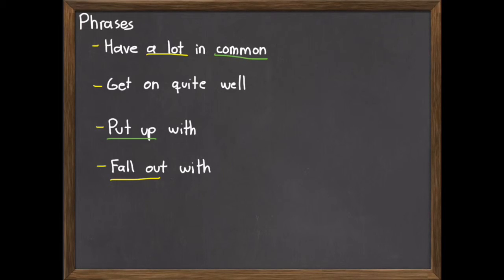Put up means to tolerate, and to fall out means to stop tolerating someone. You could, for example, fall out with your boss, and thus you might stop working in the company that you might be working at, which is not recommended, but it depends on the situation. Now, let's look at another phrase.